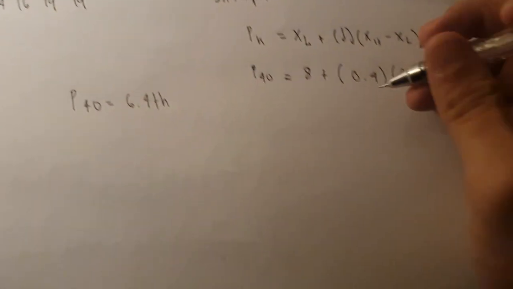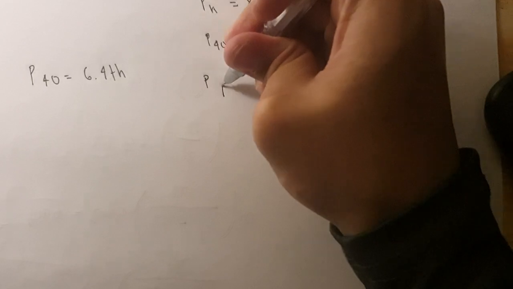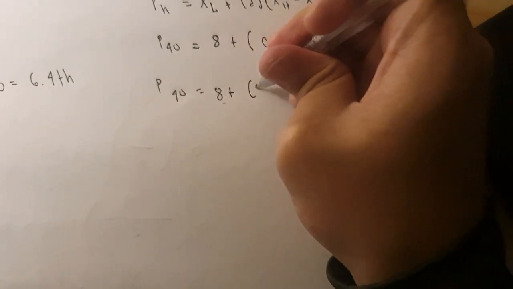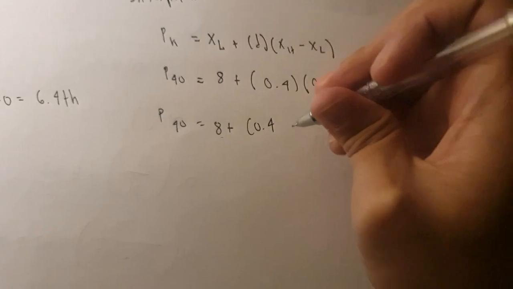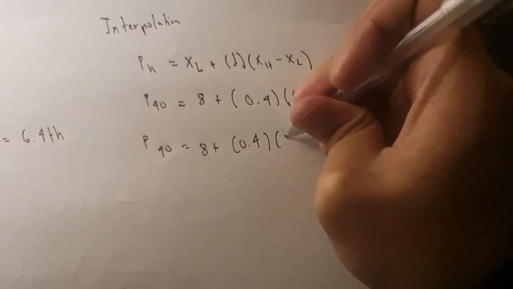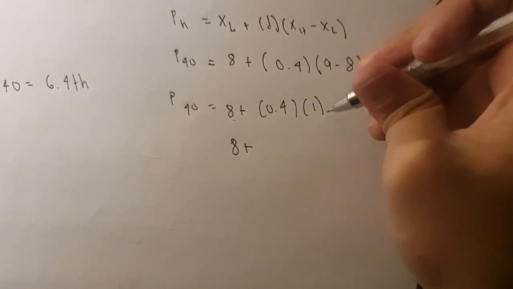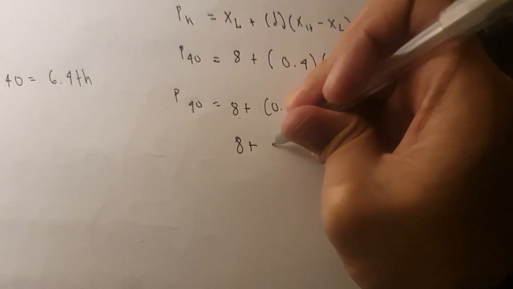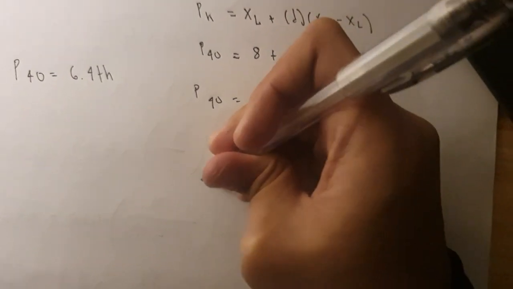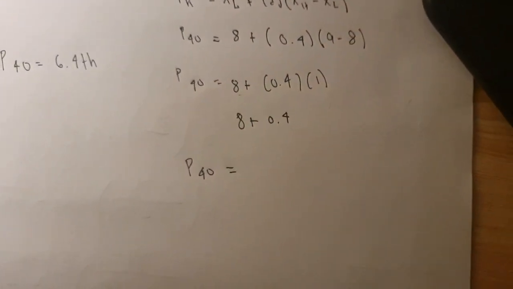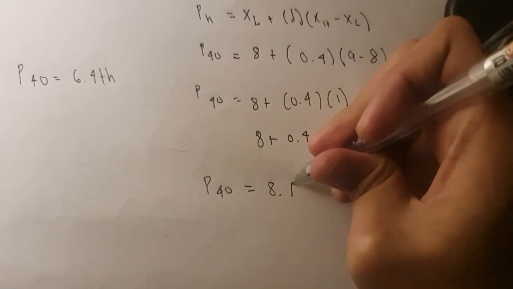Dahil sa in-between dito kasi hindi exact ang number na 6.4. So, again, P40 is equals to 8 plus 0.4 times 1. Then 8 plus 0.4 times 1 is 8.4. So P40 is equals to 8.4.